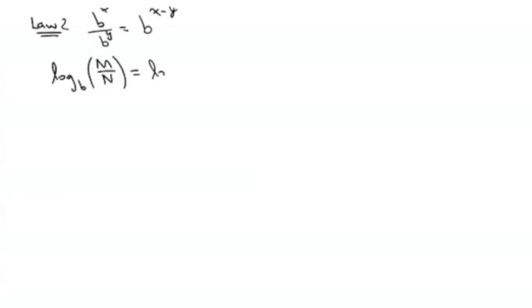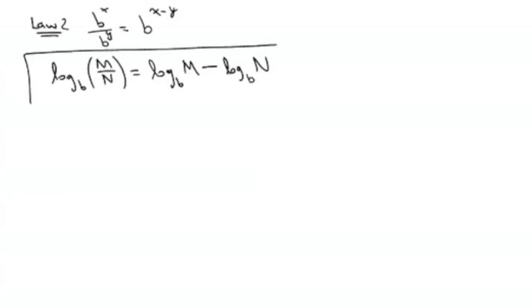So it's log base b of the first one, m, minus log base b of the second one. Simply put, if it's in the top of a fraction, plus. If it's in the bottom of a fraction, minus or negative.